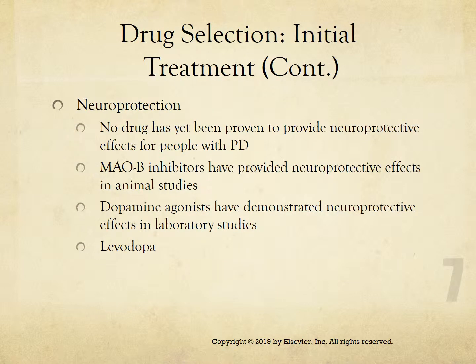What do you give for neuroprotection? There's no drug proven to be neuroprotective at this point. You can get some protection through your MAOB inhibitors. Dopaminergic agonists have also been shown to have some neuroprotective effects, or you can just go ahead and give the levodopa.